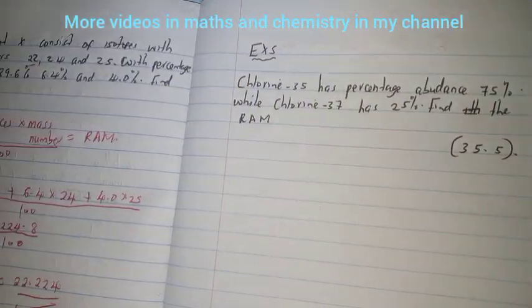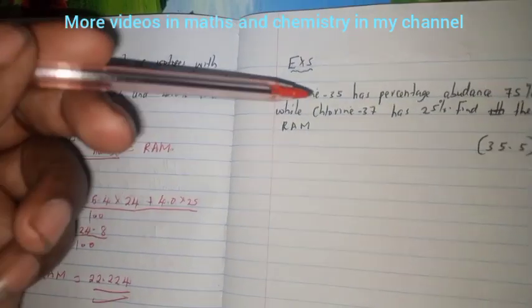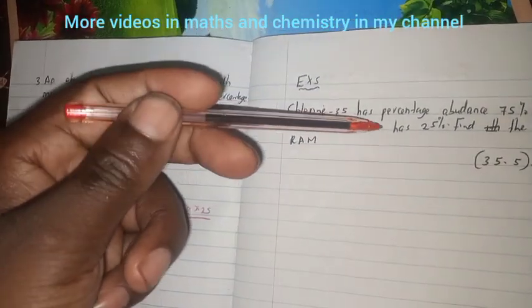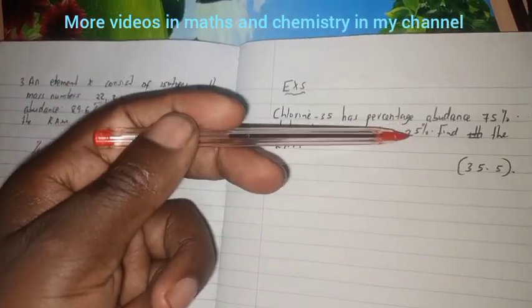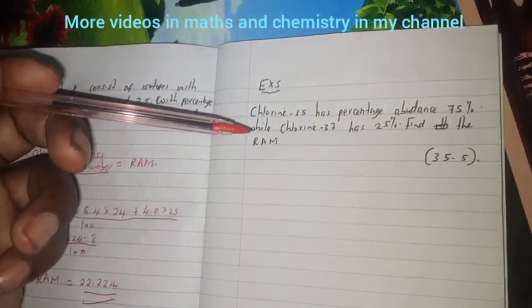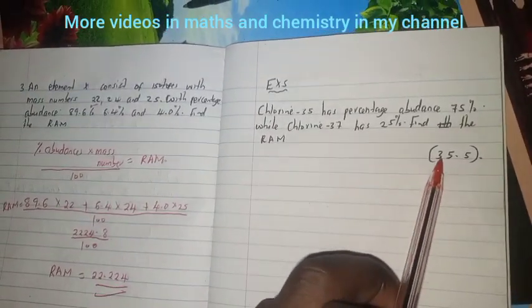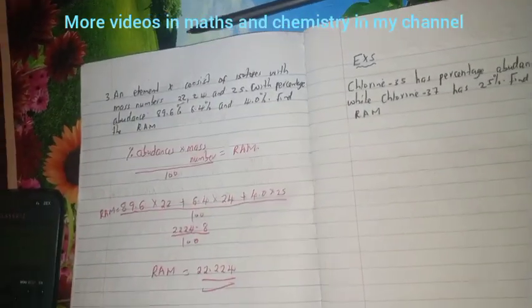Now we have an exercise here that says chlorine 35 has a percentage abundance of 75%, while chlorine 37 has an abundance of 25%. Find the RAM. You can do this one as an exercise, and the answer should be 35.5.